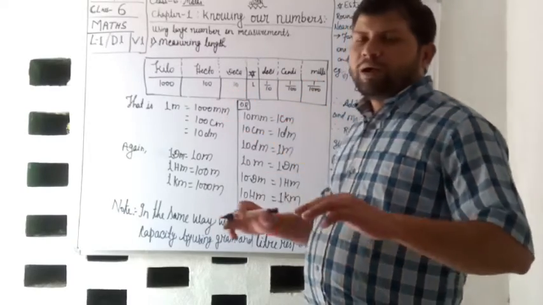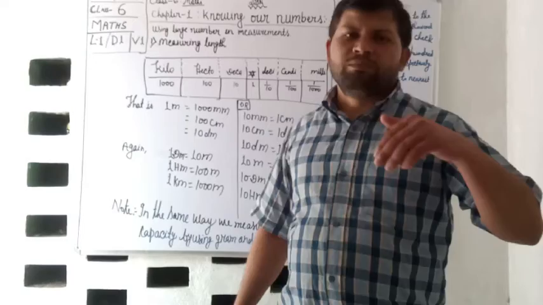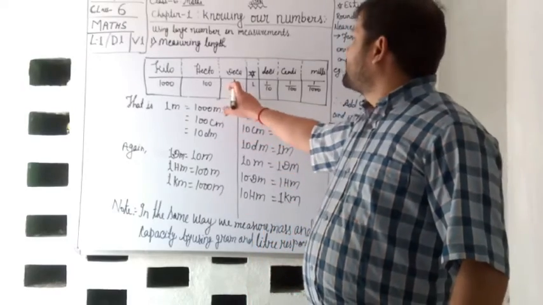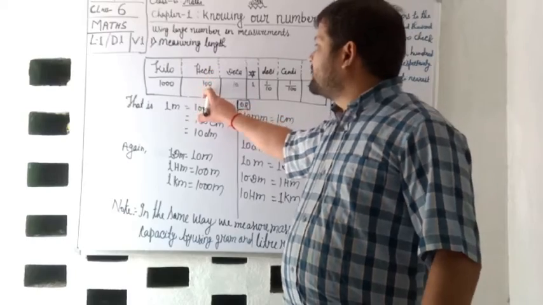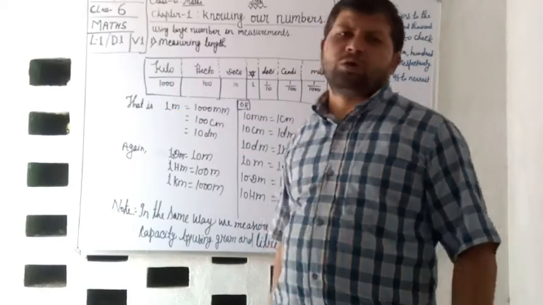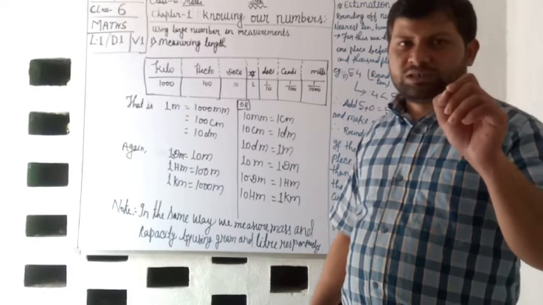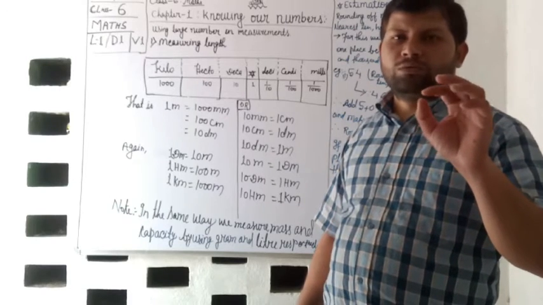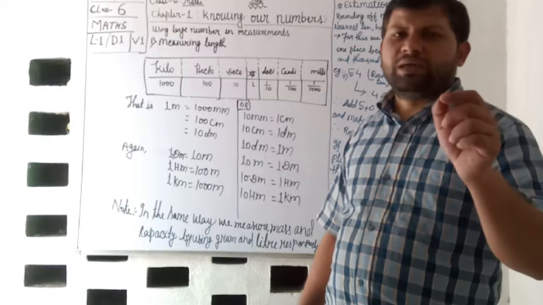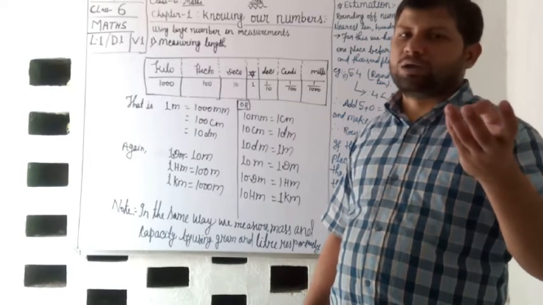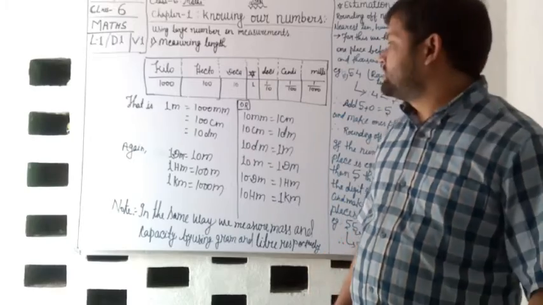And by moving towards the right we multiply by multiples of 10: for deca 10, for hecto 100 and for kilo 1000. So these are the tricks used for measuring the length, mass or capacity of a substance.